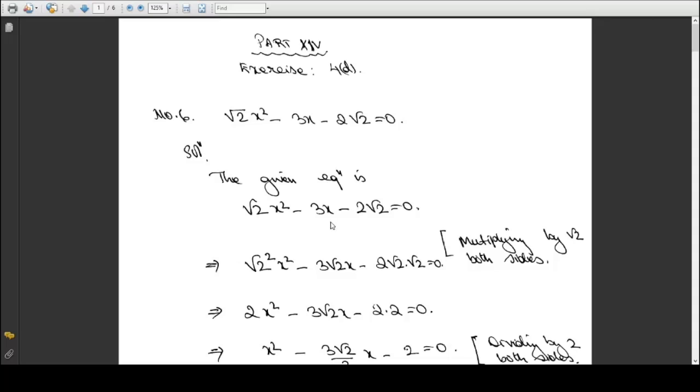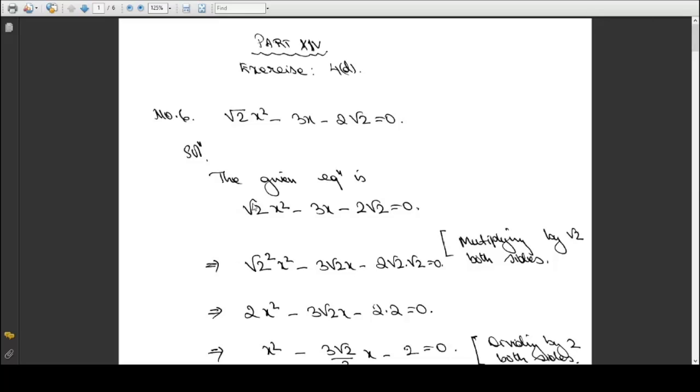But here in the denominator you have 3 by root 2. If you don't want root 2 to be in the denominator, what you'll do first is multiply the whole equation on both sides by root 2.